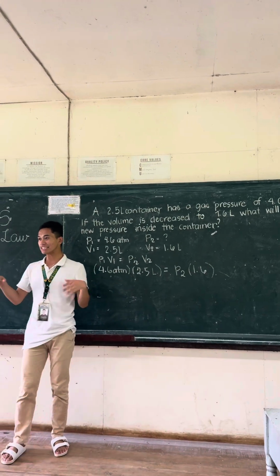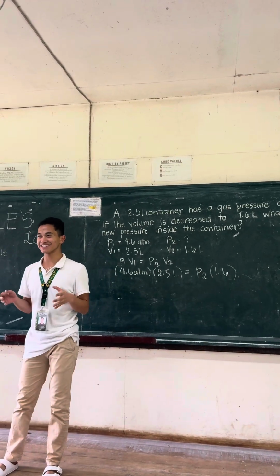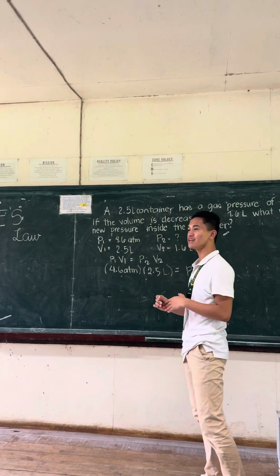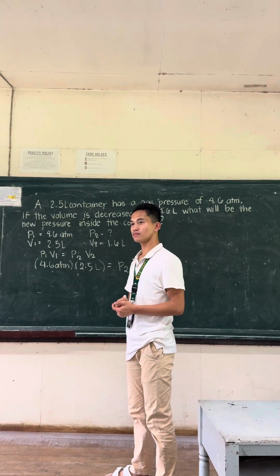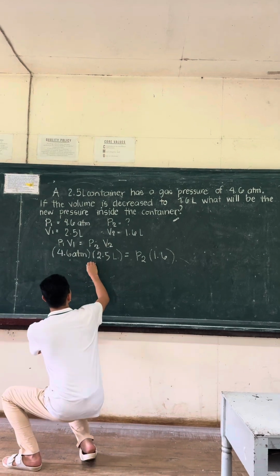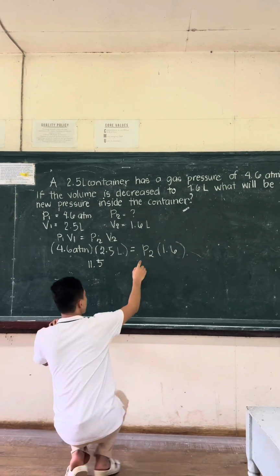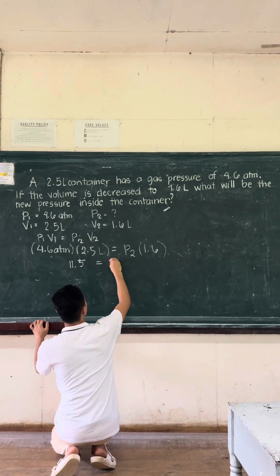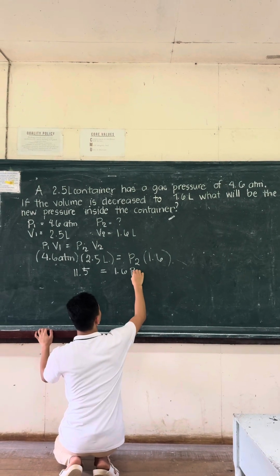Calculate it, guys, so we can practice your fingers. What is the answer, miss? 11.5. So you're just going to put 11.5 here, and on the other side of the equal sign we have 1.6 times P2.